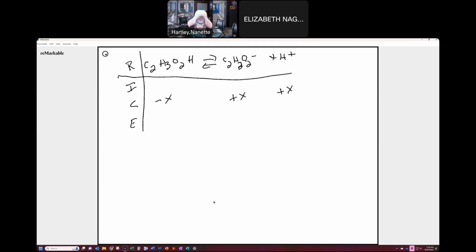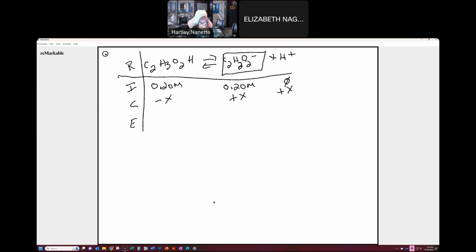The problem is that I already have some of that from the buffer solution. So initially, I have 0.20 molar for the acid, but I also have 0.20 molar for the acetate ion from the sodium acetate. And then this H plus is what we're trying to look for.